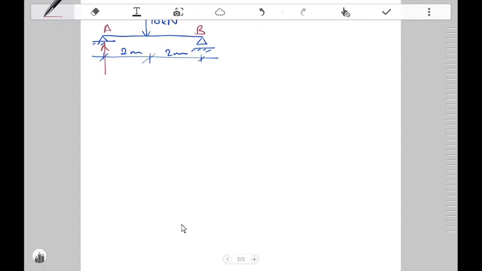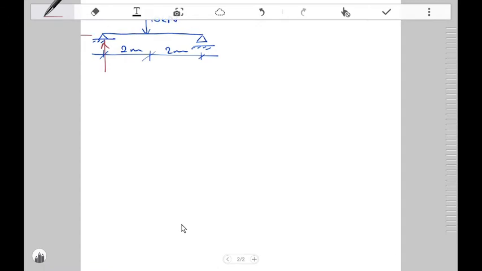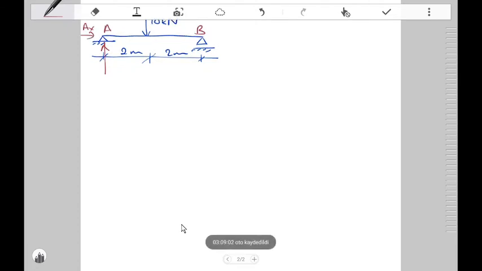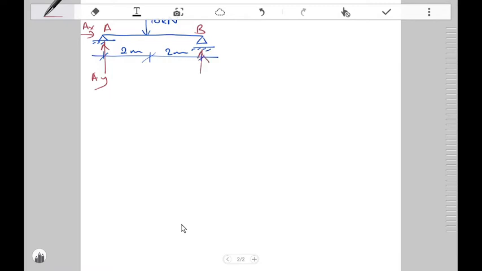So I have AX and AY, and here is a roller support, meaning that it can only resist translation in the vertical direction with the help of a support reaction. Let's call it BY. Okay, when I look at that structure, I got 3 unknown support reactions.